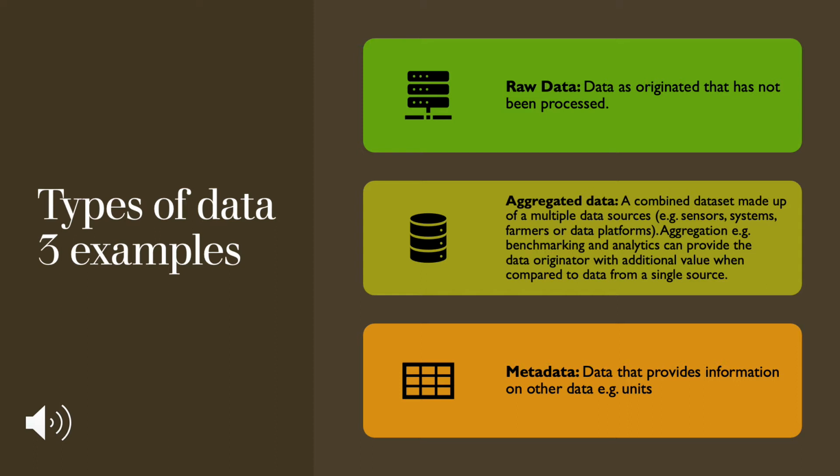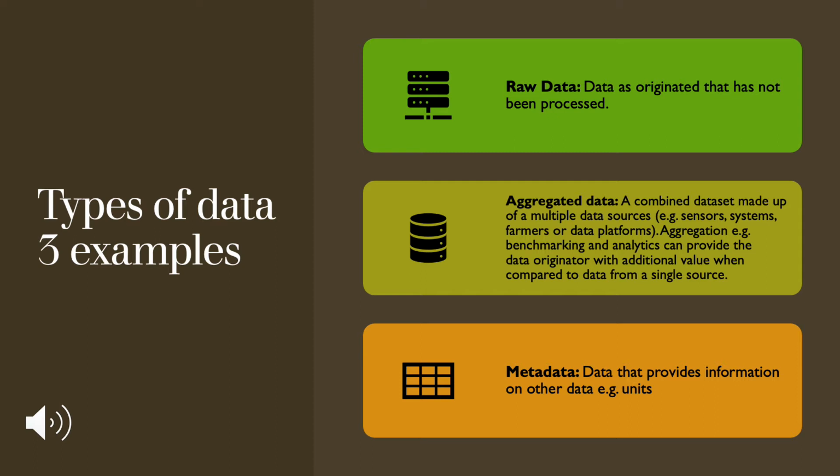An example would be benchmarking of different farm systems, looking at financial performance, environmental performance. We may draw together data from a whole range of different sources, and we then add value to that data in the way that we combine it together in terms of how it informs decision making.